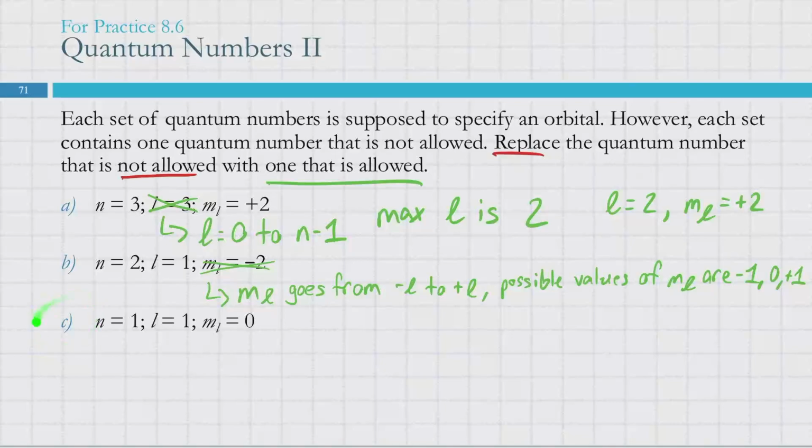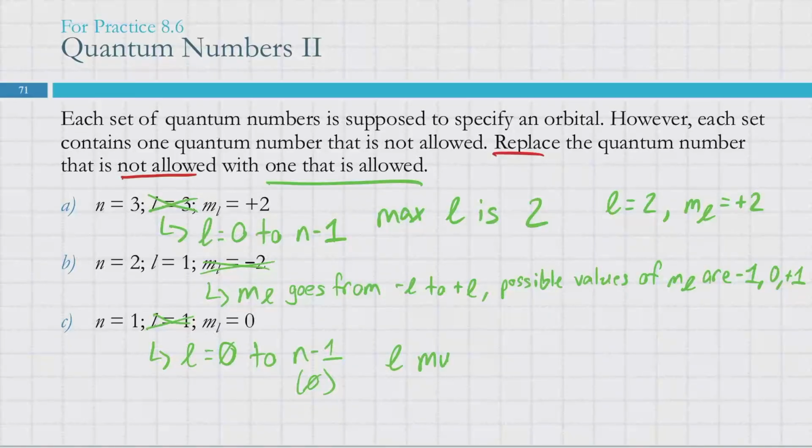For C, n equals 1, L equals 1, m sub L equals 0. Again, we can't have L equals 1 for the same reason that we saw above. It goes from 0 to n minus 1, which in this case would also be 0.